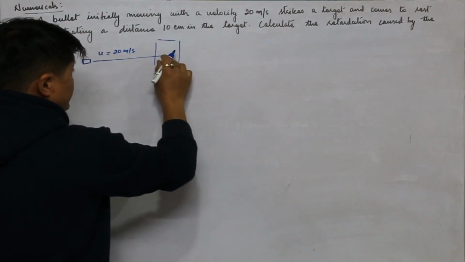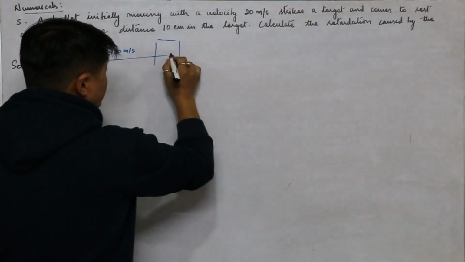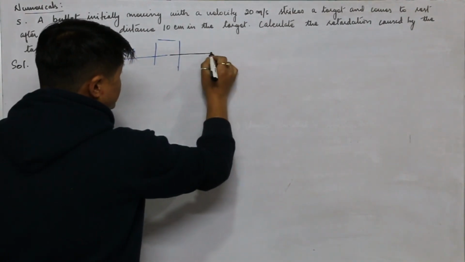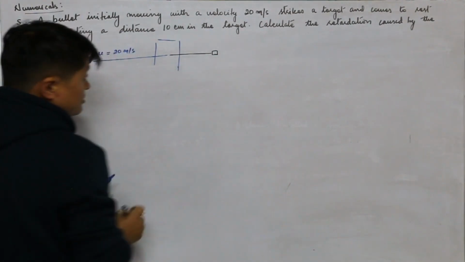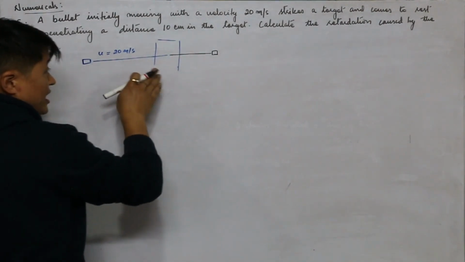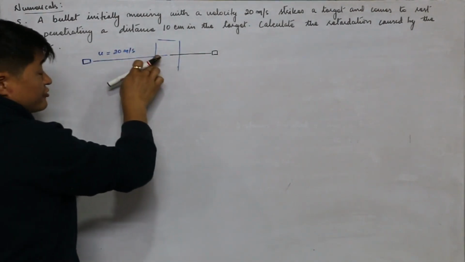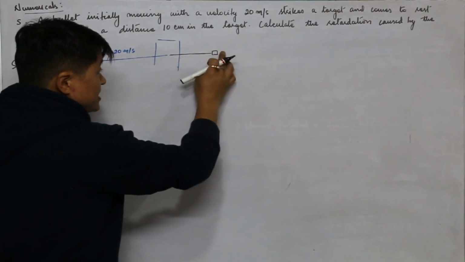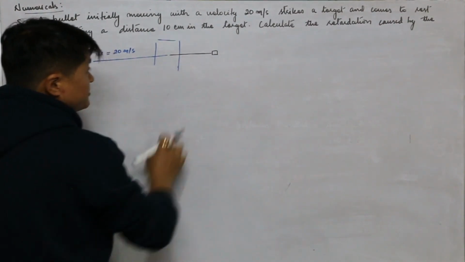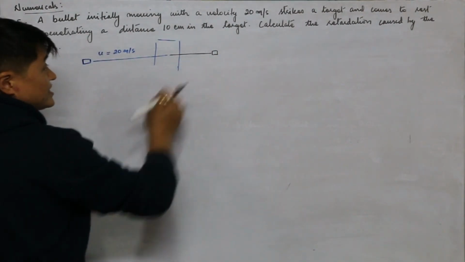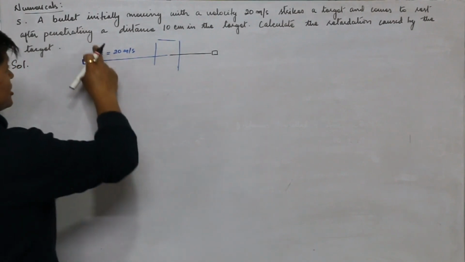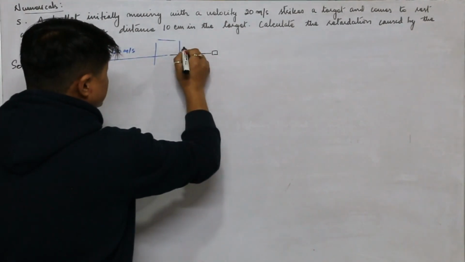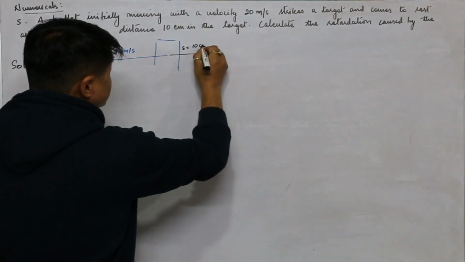Okay, after hitting the target, the bullet will move some distance and it will come to rest. It is penetrating the target, and the velocity of the bullet will decrease, and after moving some distance, this bullet will stop. Okay, so here it's traveling a distance s is equal to 10 centimeter.